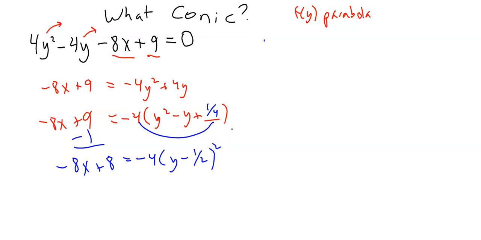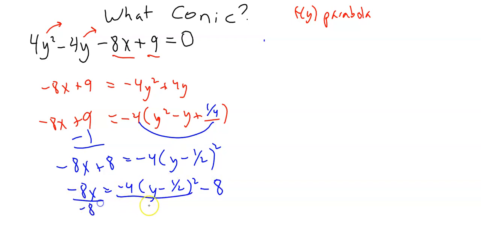I think that's right. Okay, so now I'm going to subtract the 8. So minus 8. Divide each term by negative 8.